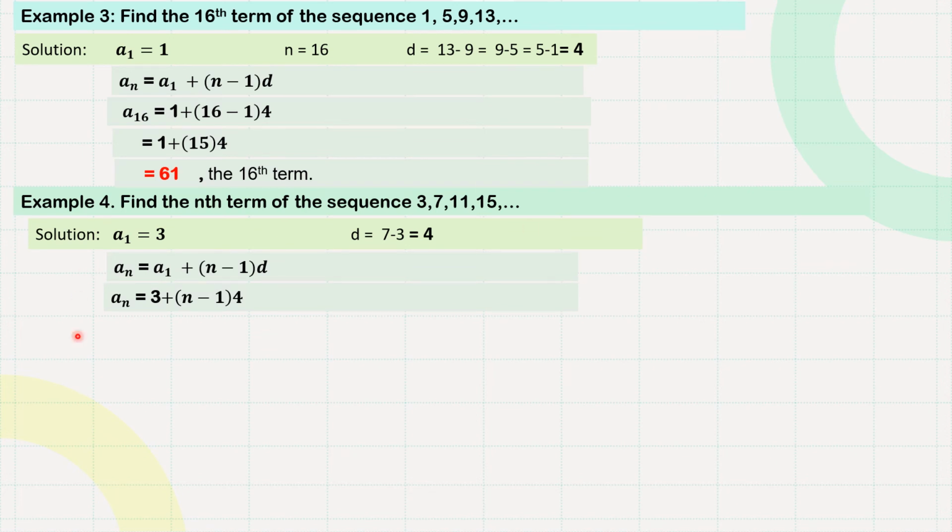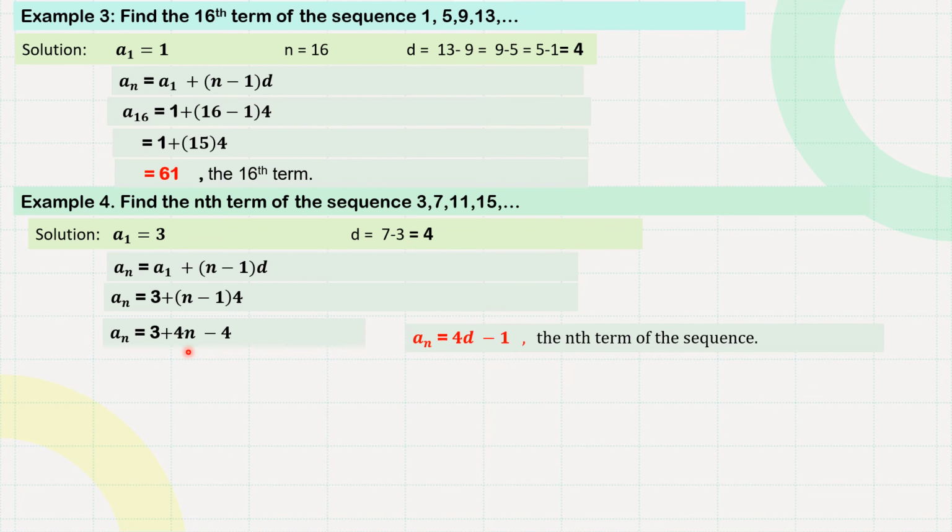Wala tayong a sub n, wala tayong n. Yun ang nth term ang hanapin natin. Kung anong meron, yun lang yung substitute natin. Next, i-simplify natin yan. Ito ay 4 times negative 1, negative 4. 4 times n is 4n, positive 4n. Combine the similar terms. Yung 3 and negative 4 or 3 minus 4. So, ito yung nth term ng given sequence.